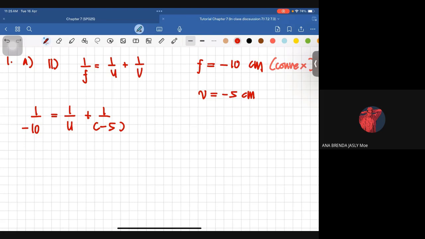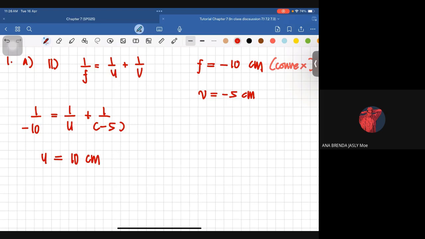So from here kamu akan dapat u is equal to positive 10 centimeter.